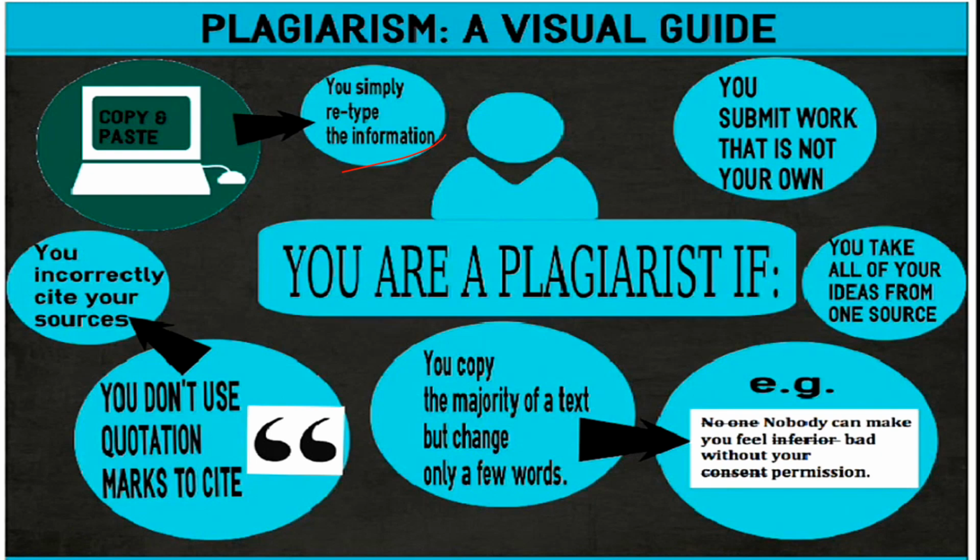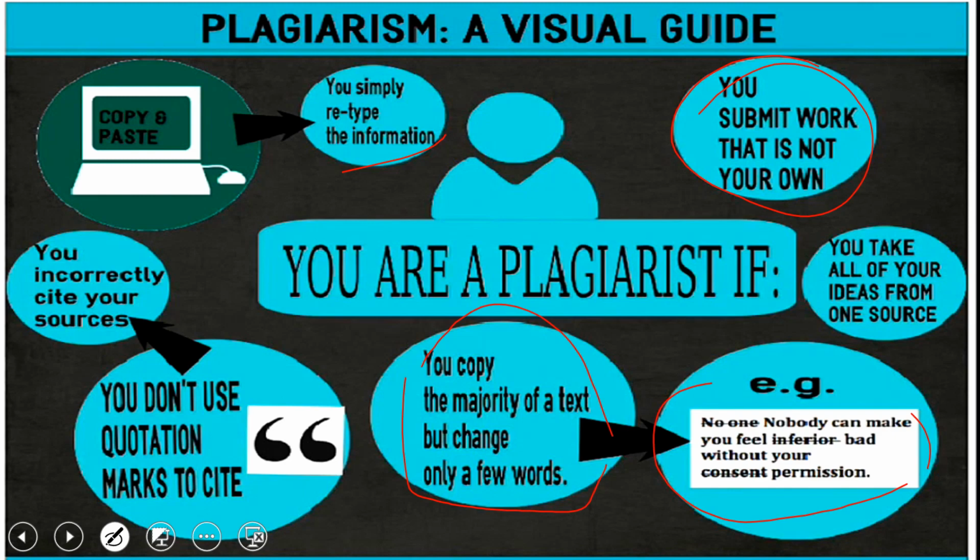You submit work that is not your own. If others' work is there and you show it as your own work, or you copy the majority of the text but change only a few words. For example, we have just copied it, and some words like "no one" are replaced by "nobody", "inferior" is replaced by "bad", "consent" is replaced by "permission".